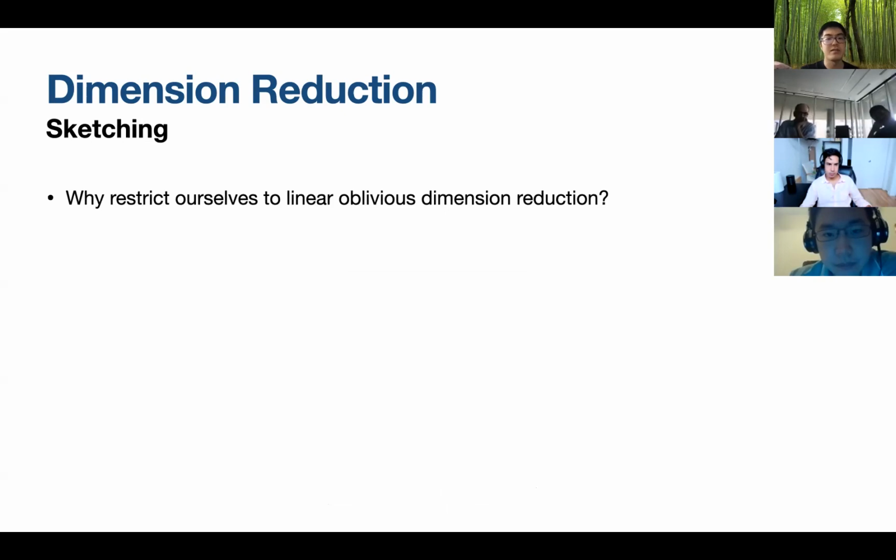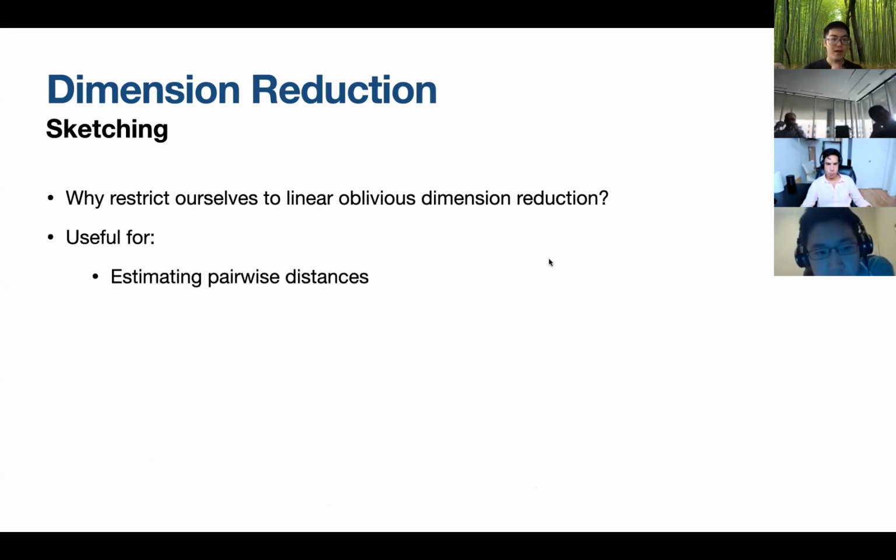Now, why would we restrict ourselves to this linear oblivious dimension reduction? Well, it turns out that this is useful for many purposes. For example, it's very efficient to estimate pairwise distances when we have this restriction of linearity and obliviousness. Suppose that we want to estimate the distance between x and y, which is the norm of x minus y in normed spaces.